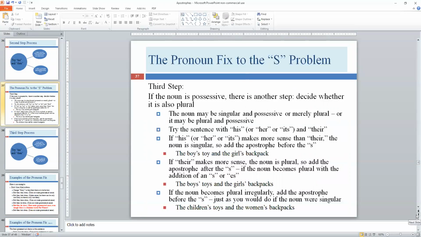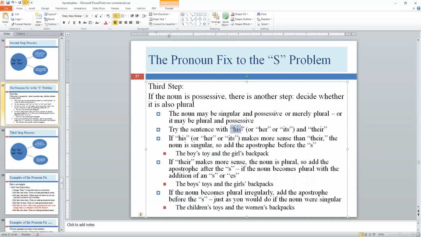And so now your decision is, is it possessive and plural? In other words, you're going to do the S apostrophe, or is it singular and possessive? Are you going to do the apostrophe S? Okay. So here you're going to distinguish between the his. At this point, you can use her or its, and the their. If there is what you, the writer, meant, if you meant more than one, or if you're reading someone else's writing, you're going to say, well, do they mean more than one?